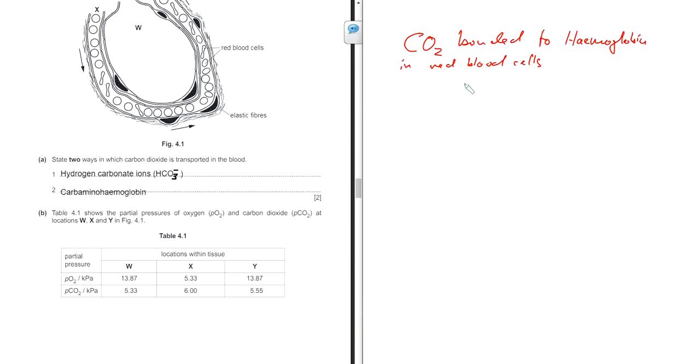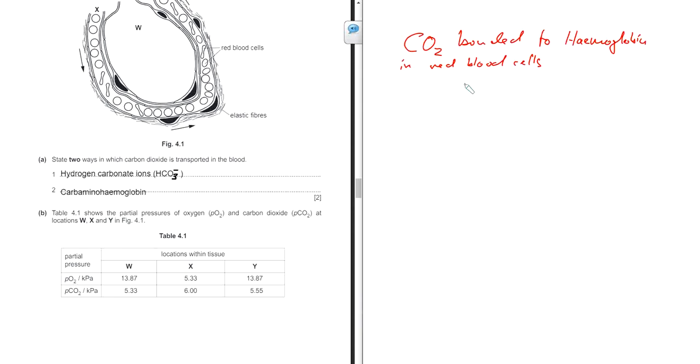And the third way in which carbon dioxide is transported in the blood is in its dissolved form, dissolved carbon dioxide. But this only accounts for a few percent of the total amount of carbon dioxide transported in the blood.